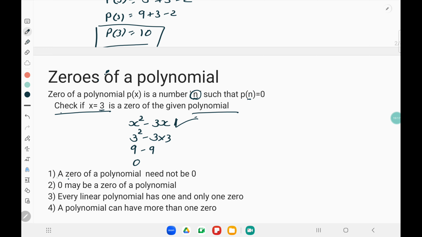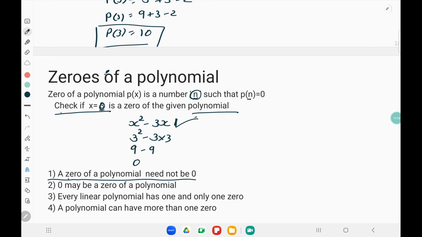Okay, now let's check some conditions for the zero of a polynomial. A zero of a polynomial need not be 0. So what does zero of a polynomial mean? If I take 0 as the value, then this is called a zero of the polynomial, but it need not be 0.